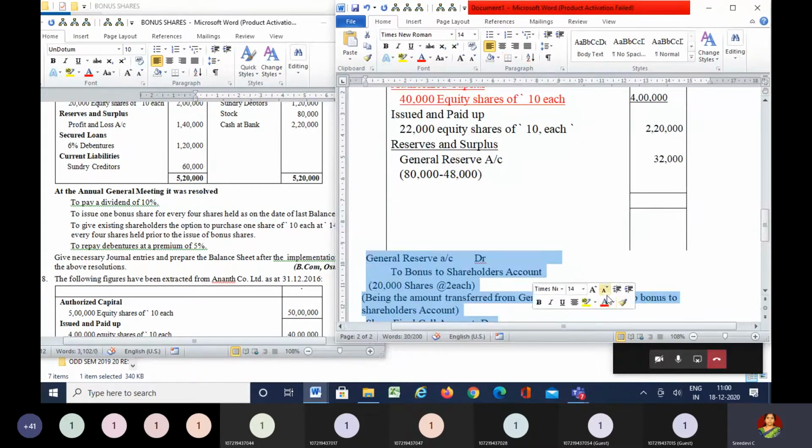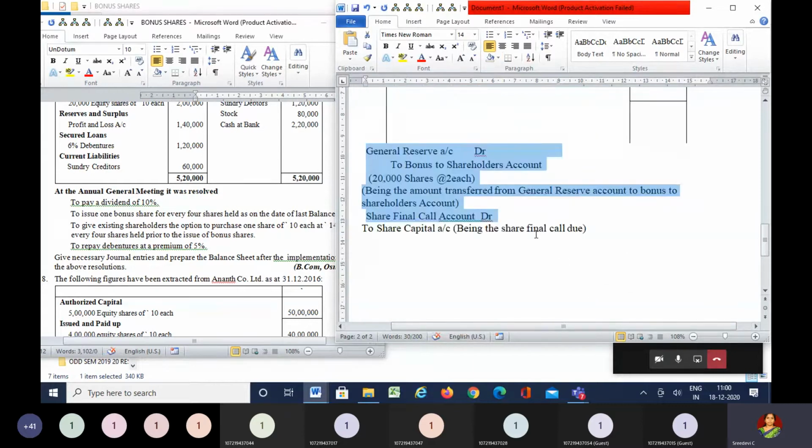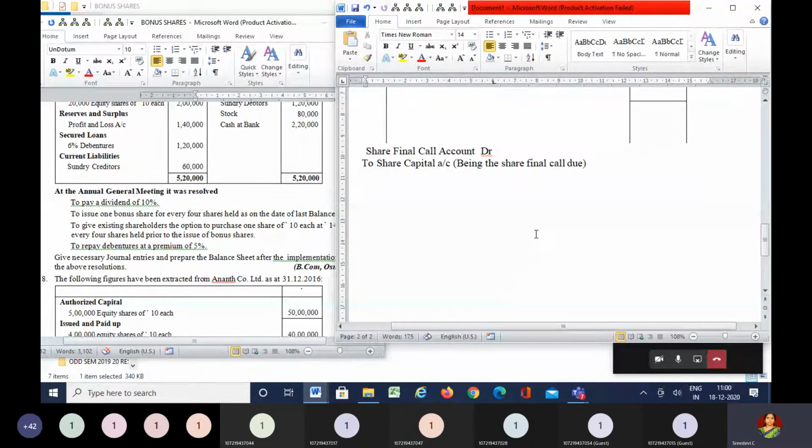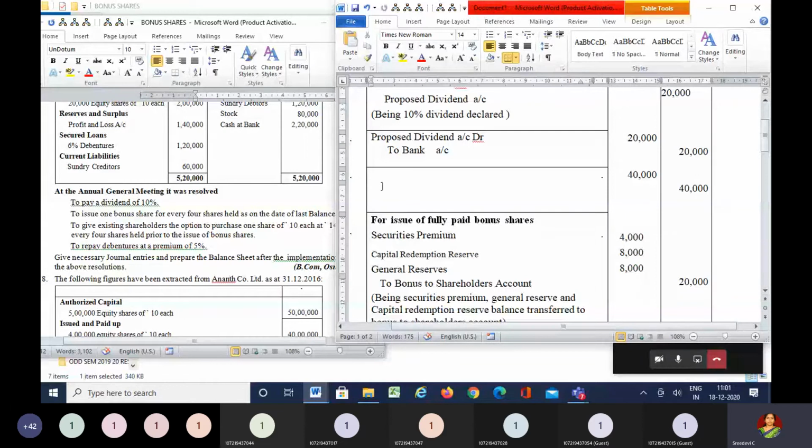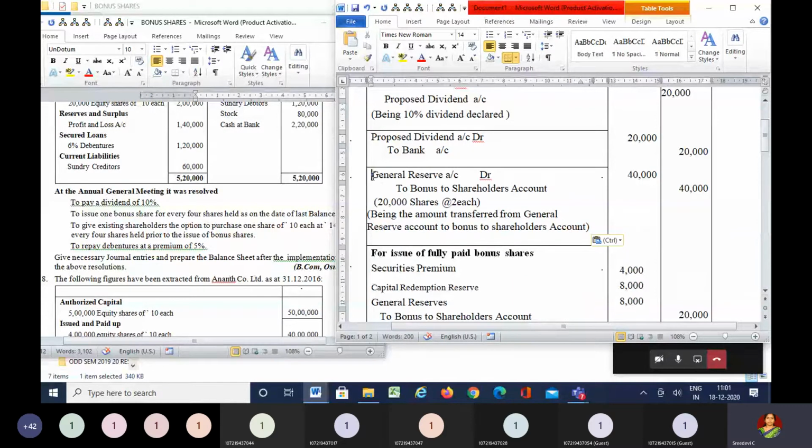Do you take general reserve? Just bear with me. So here it is going to be the second. Please change this to P&L account.